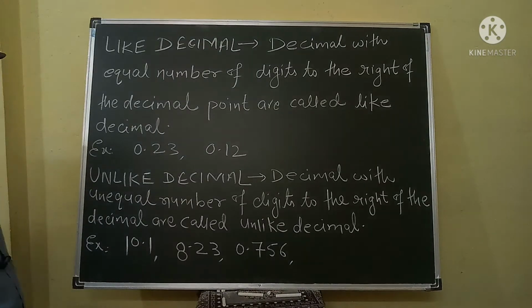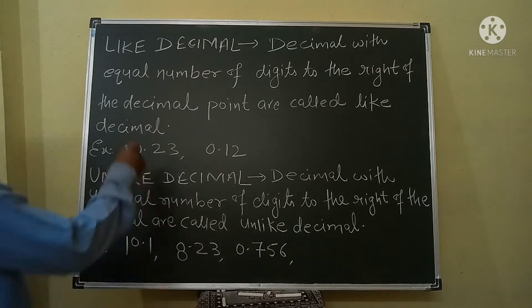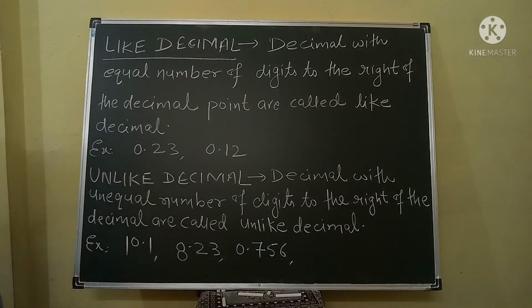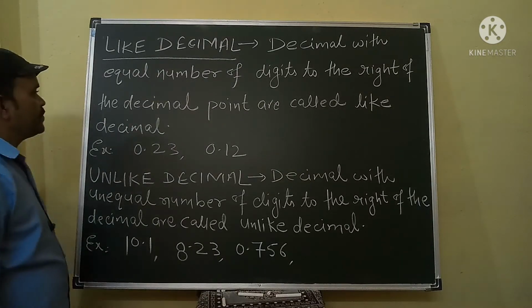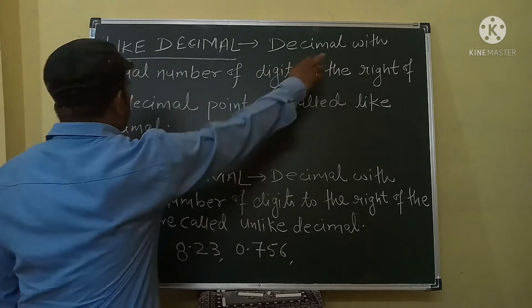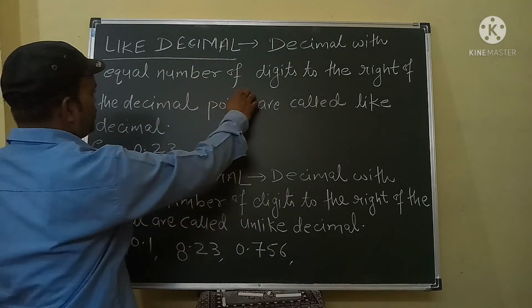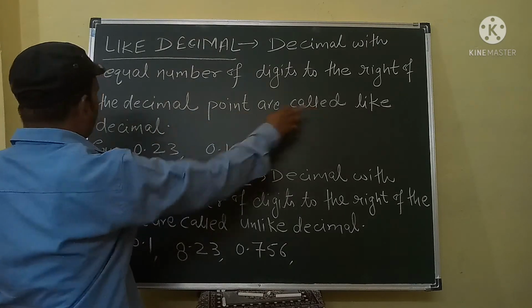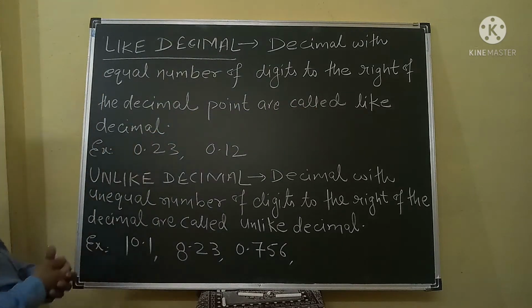We will discuss one new topic, like decimals. What is the meaning of like decimals? The definition is: decimals with an equal number of digits to the right of the decimal point are called like decimals.